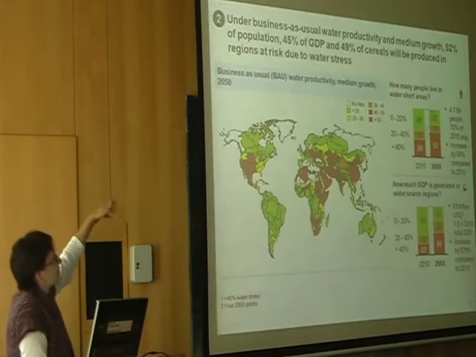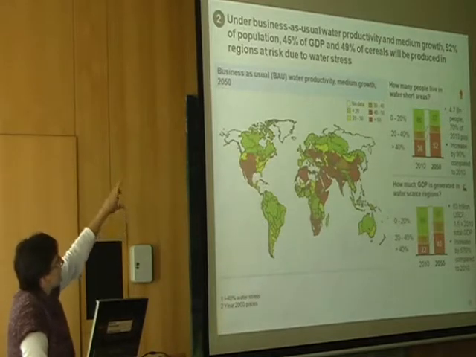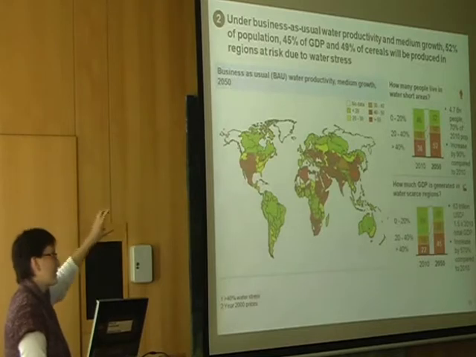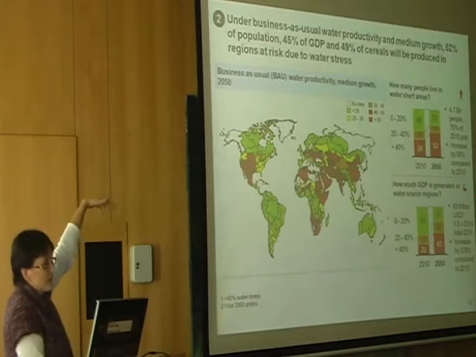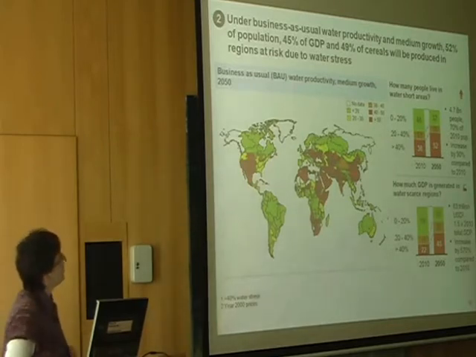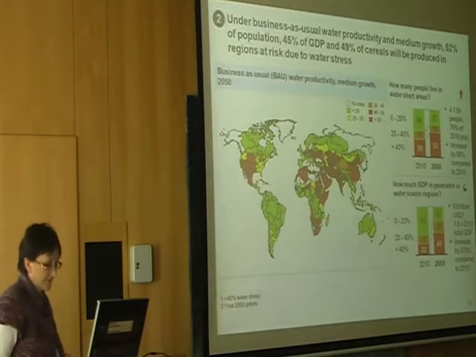Also, an interesting side note: these numbers have been calculated at the food producing unit level, at 281 units. If you had done it at the national level, the scarcity would be less, because as soon as you aggregate across a larger area, you have less water stress.